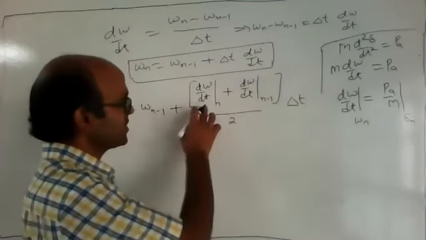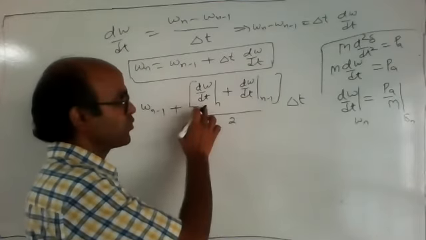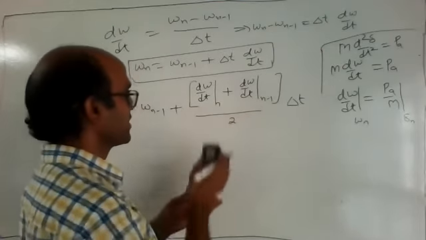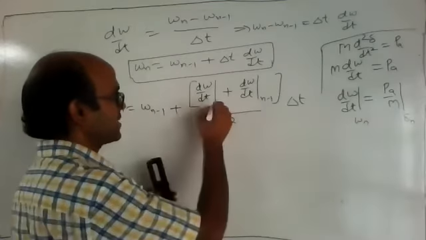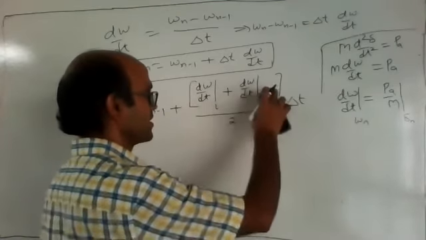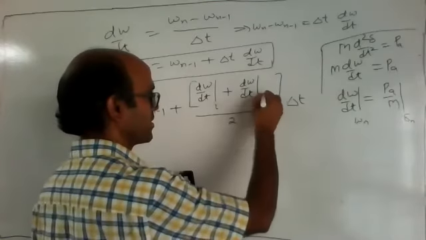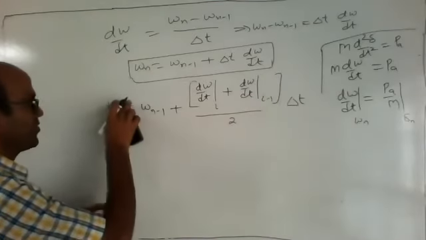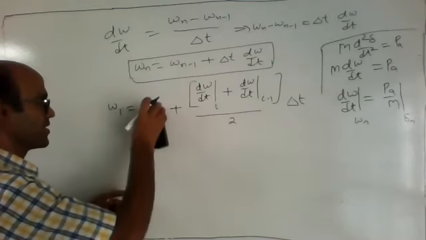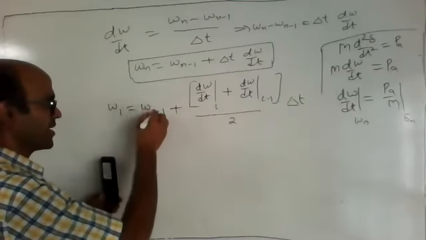This is pre-fault, before fault speed. This is after fault. So I am writing this as i, not n minus 1. If I replace n by i, then this is i, and this is i minus 1.